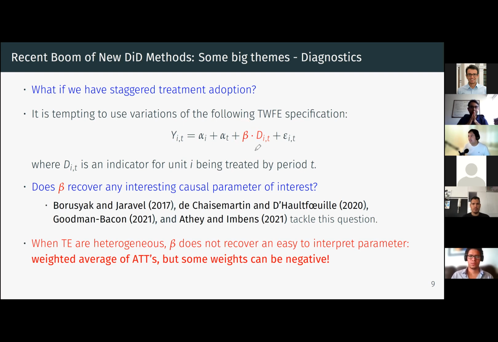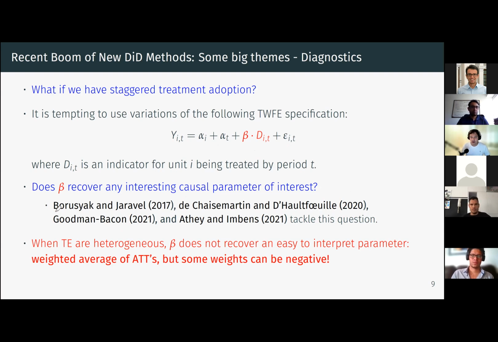Any question about this? If you submit the paper and you run this regression, you're for sure going to be asked these days to try the Sant'Anna and Callaway-type diagnostic test, or look at the Bacon decomposition as well, right? This has been extremely popular.